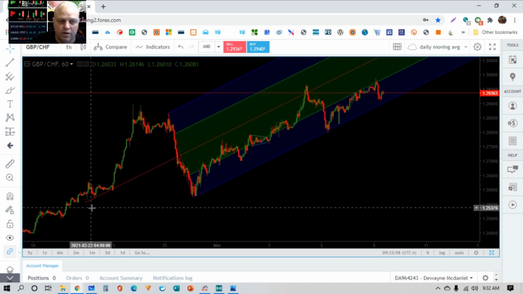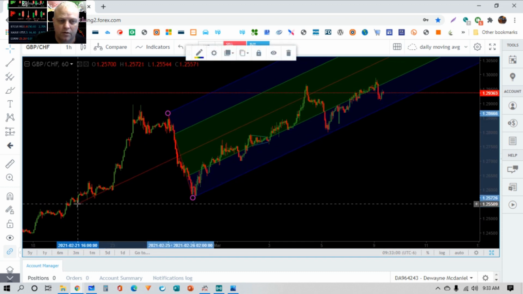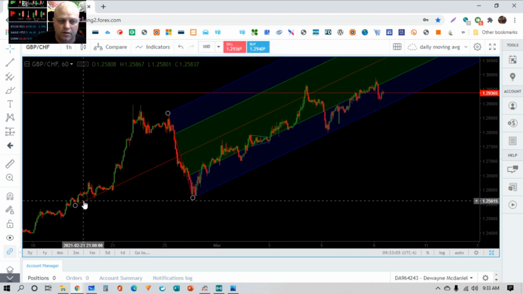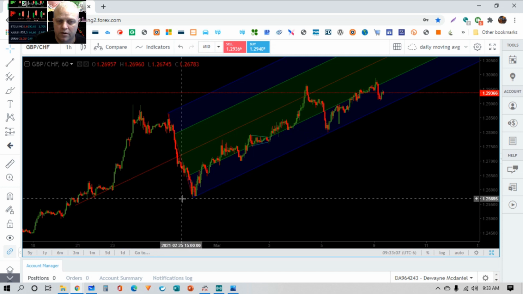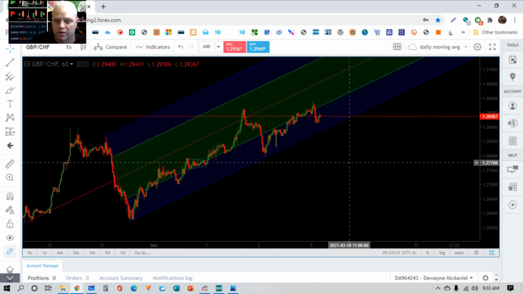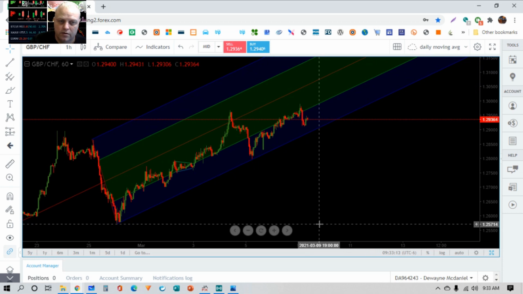You kind of want them touching something. It's touching there. Touch, touch, touch, touch the handle, touch. Comes down here, touch here, touch here, touch here. Okay. That's running around that middle line. So that's your pitchfork. We'll talk about pitchforks later.